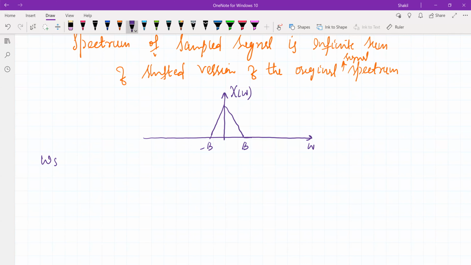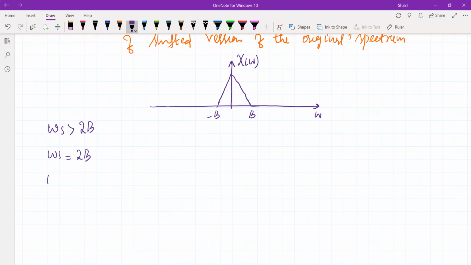First, when omega s is greater than twice b, where b is the maximum frequency component. Second, when omega s is equal to twice b, exactly equal to twice b. And third, when omega s is less than twice b.